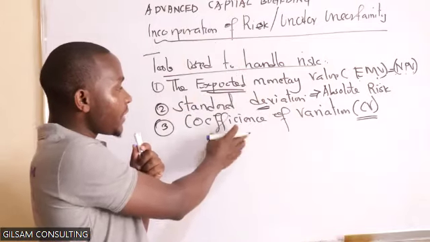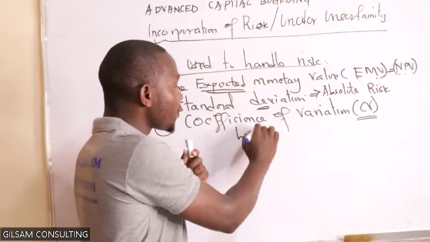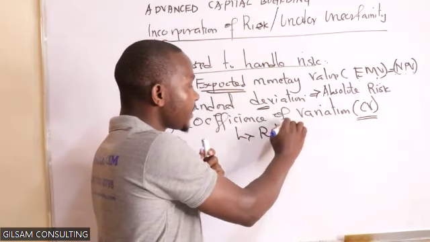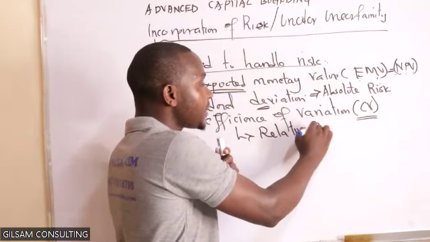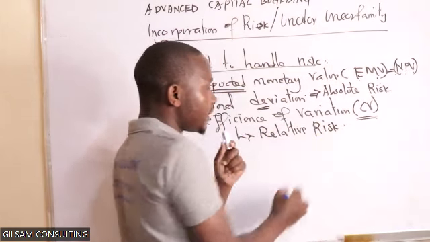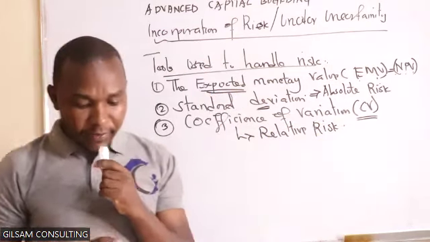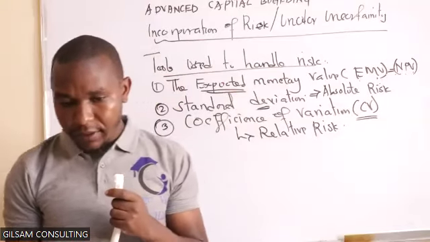And coefficient of variation is used to measure relative risk.